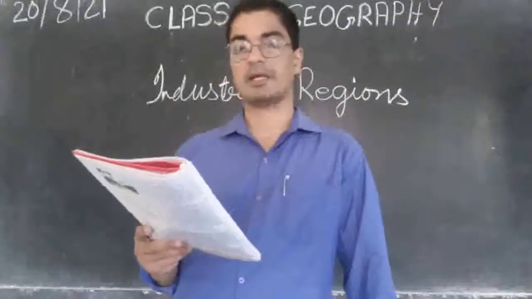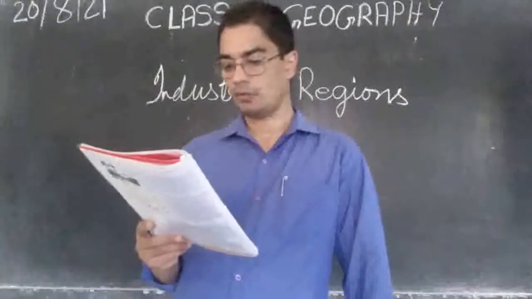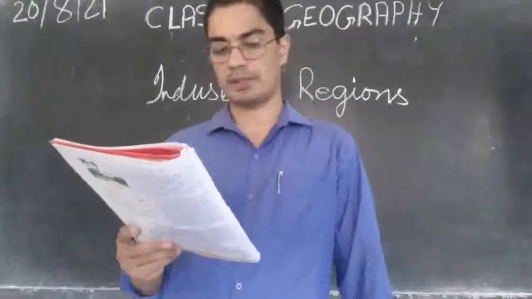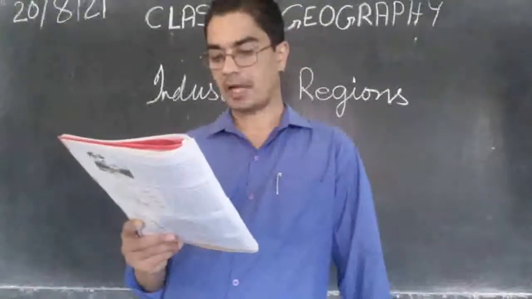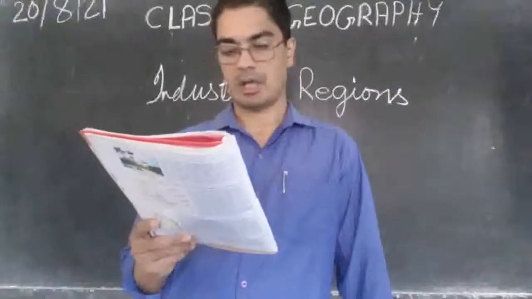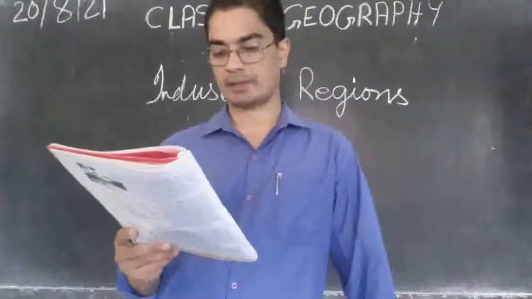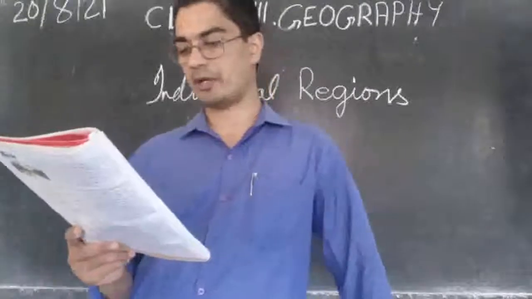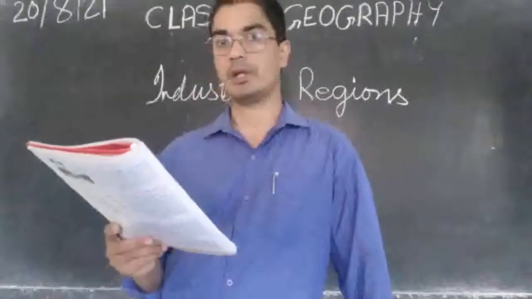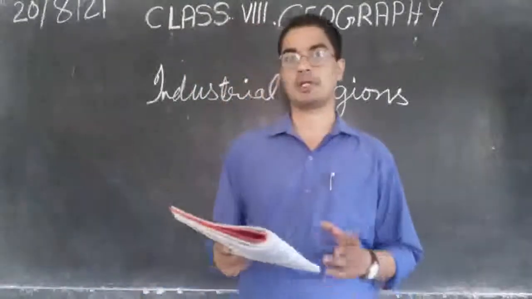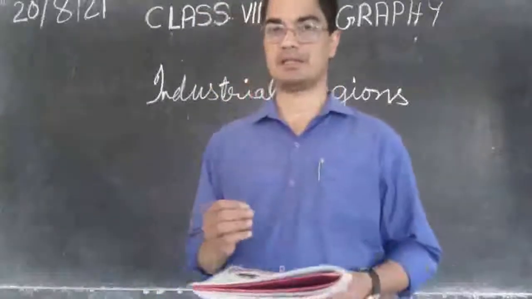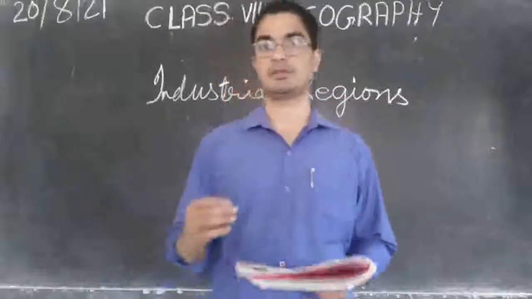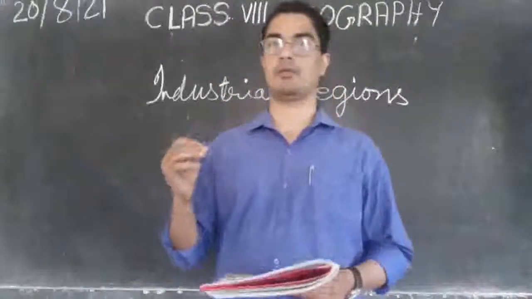It was a technical accident in which highly poisonous methyl isocyanate gas along with hydrogen cyanide and other reaction products leaked out of the pesticide factory of Union Carbide. So in Bhopal there was a factory. They were producing pesticides for the farmers to use in the field.